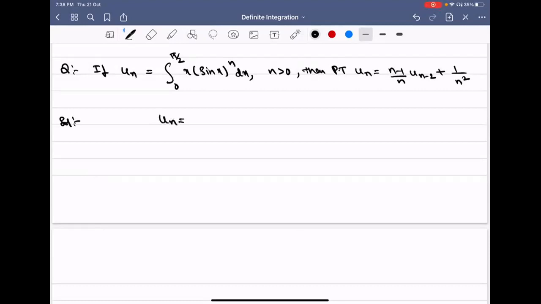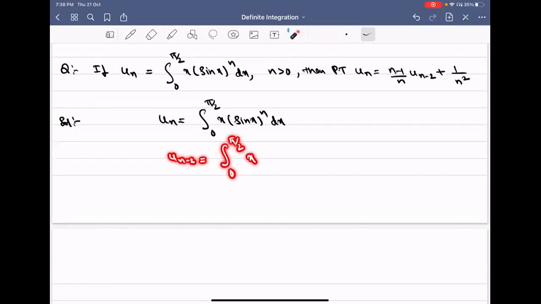Given thing is Un is equal to integration of 0 to pi by 2 x into (sin x) power n dx. Now, if you write Un minus 2, Un minus 2 will be integration of 0 to pi by 2 x into (sin x) power n minus 2 dx.